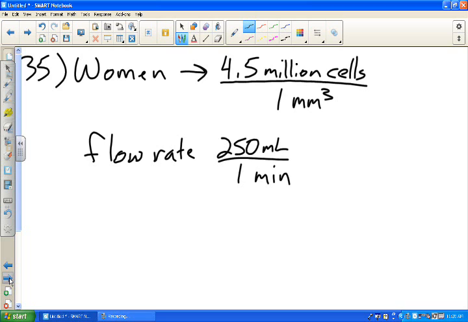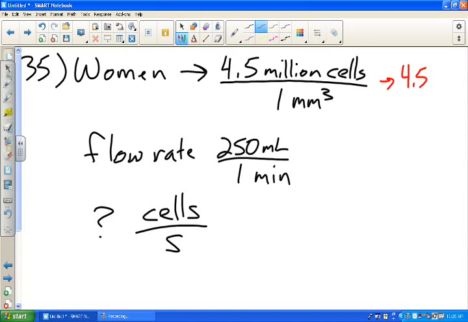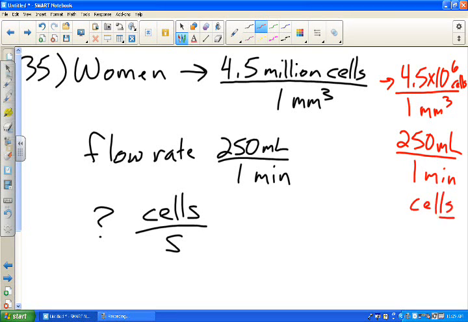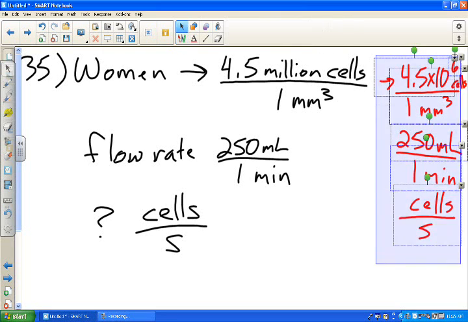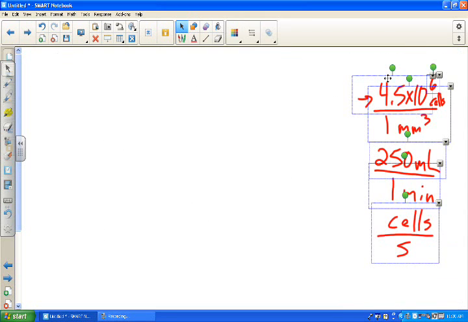The flow rate at which those blood cells flow is 250 milliliters per minute, and the question the textbook asks us is how many cells per second of blood flow through a woman's circulatory system. So we're going to write down some conversion factors: 4.5 times 10 to the 6 cells per 1 cubic millimeter, 250 milliliters per 1 minute, and then we're trying to figure out how many cells per second.